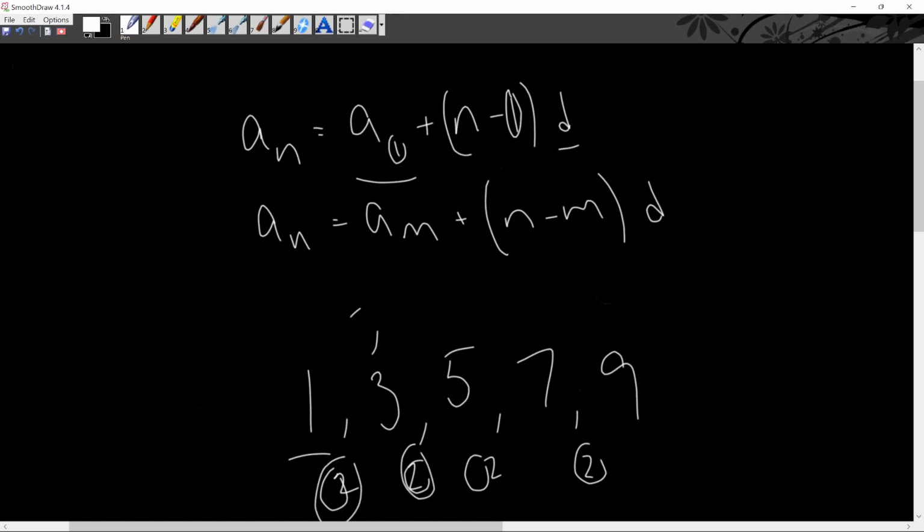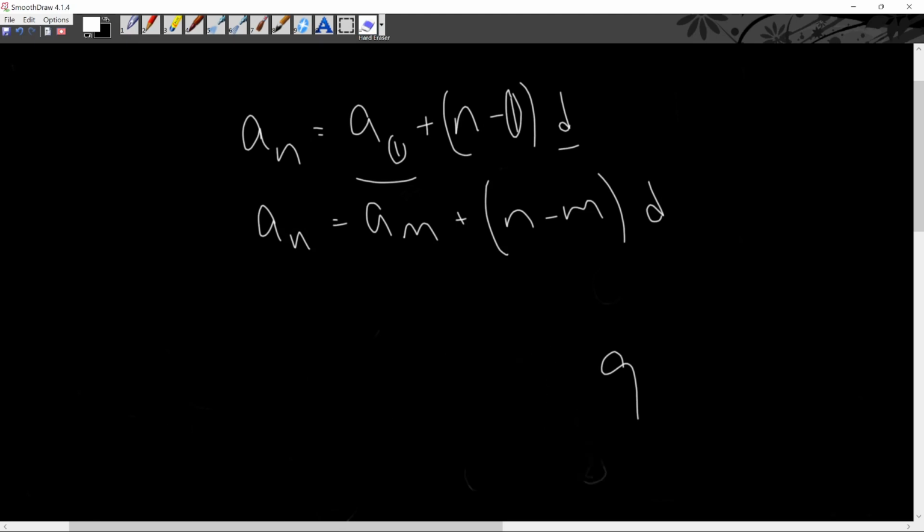You're going to have 2 times 1 plus 1, which will get 3, and then 2 times 2 plus 1, which would get you 5, and then 2 times 3 plus 1, which would get you 7, and on and on. But you do have a starting term, a first term, and a common difference.